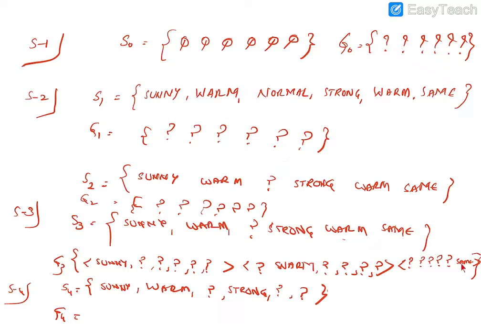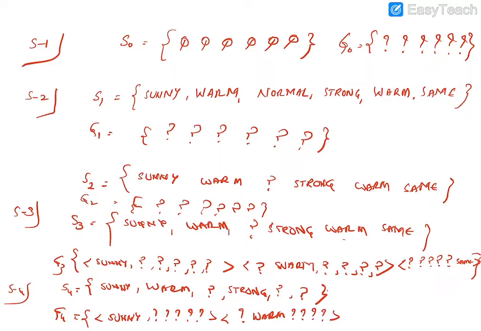So based on that, what do we have to do? Here we need to consider sunny. So that is same, 1 2 3 4 5 question marks. And the second one is also warm. So that is also same. Warm, 3 4 5 6.